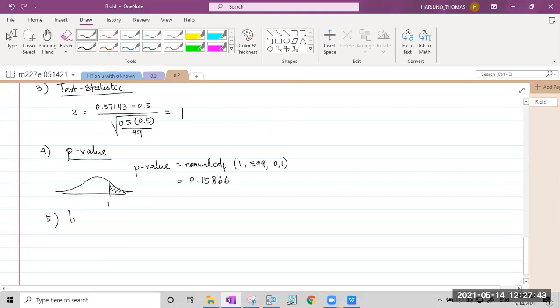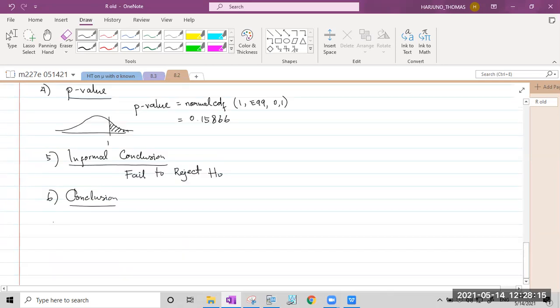So informal conclusion: fail to reject the null hypothesis. But the claim is with the alternate hypothesis, so the wording of the conclusion should be about supporting the claim. In this case, we do not support the claim.